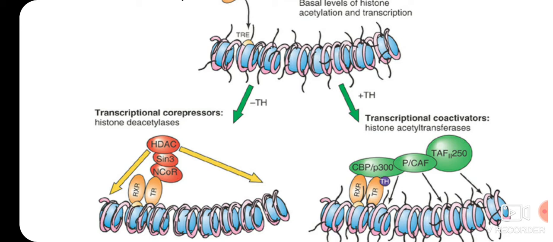And you can see there, when it is inhibited, deacetylation causes all these histone tails to tightly bind with the DNA. On the other hand, when they get acetylated, they loosely bind and free that particular DNA, which is now available for binding with the transcriptional proteins, which can induce the initiation of transcription.